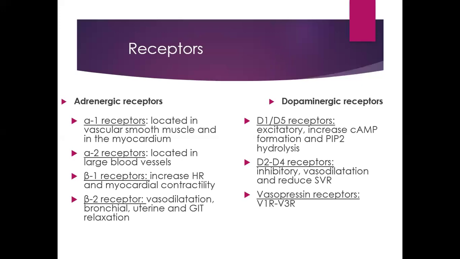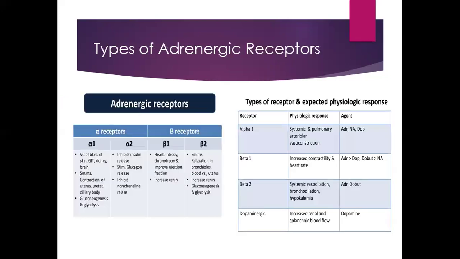D2, D4 receptors are inhibitory, and they cause vasodilatation, reducing systemic vascular resistance. Vasopressin receptor activation causes a change both in your vascular tone and the renals. Remember that vasopressin is actually an antidiuretic hormone, so it has effects both on your vessels and on the kidneys.